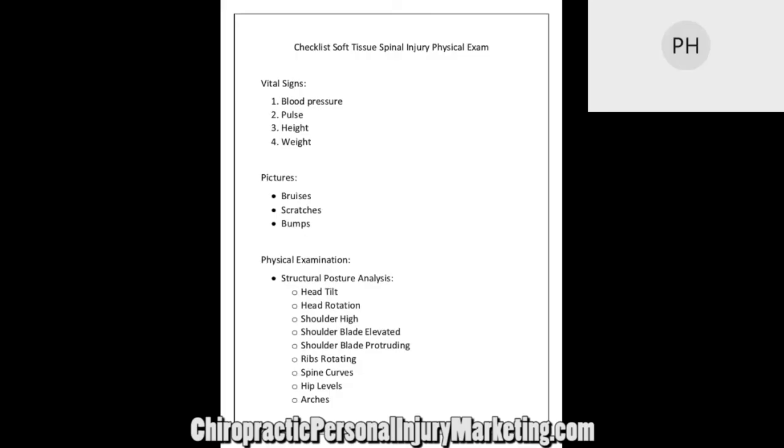And then, of course, we go into each of these in detail of not only how to document it, how to quantify it, and how to give impairment ratings for it, and how to discuss it in terms of how it affects ADLs. Because remember, the two most important factors in all your documentation when it comes to the end are, do you have an impairment, and how does it restrict or limit ADLs?